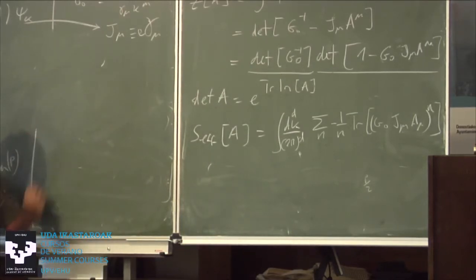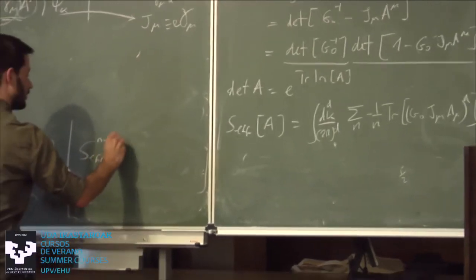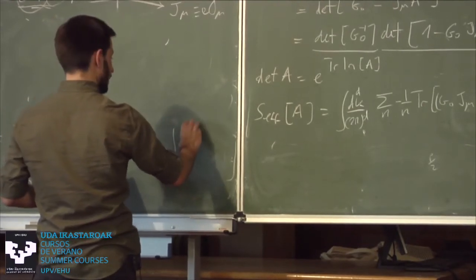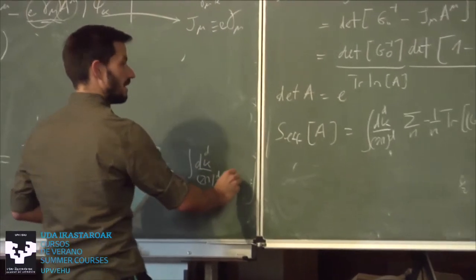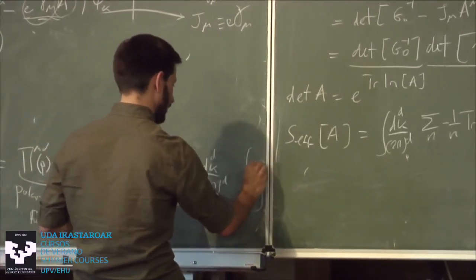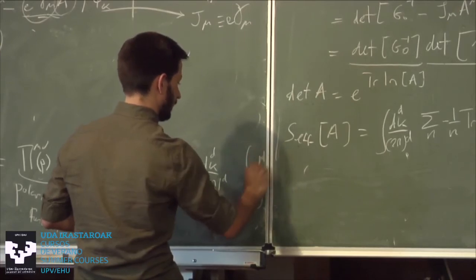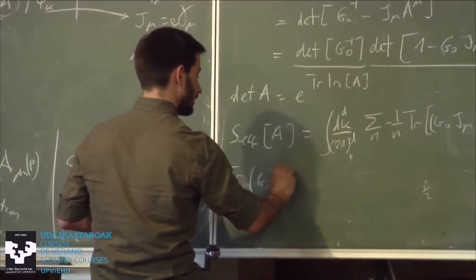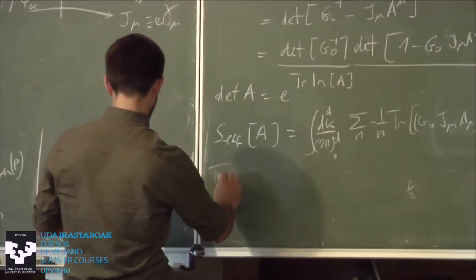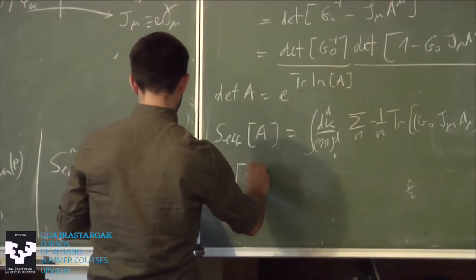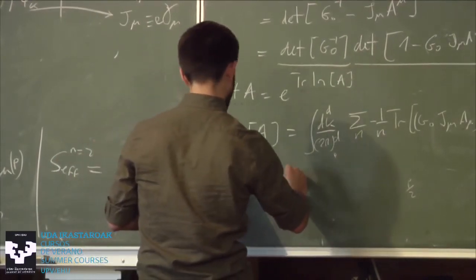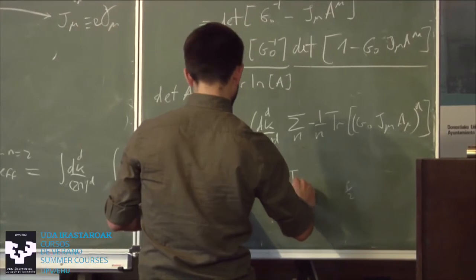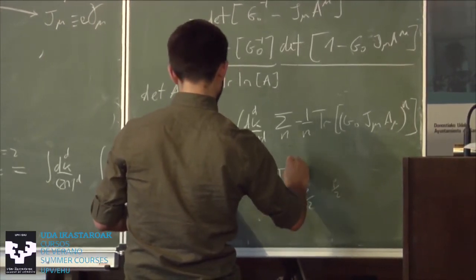So S effective at n equals 2 is something that looks like dk d 2 pi over d. Then there's another integral. I trace G0. So this is the trace of G of k minus pi b halves, G of k, J mu, G of k, J nu b halves.